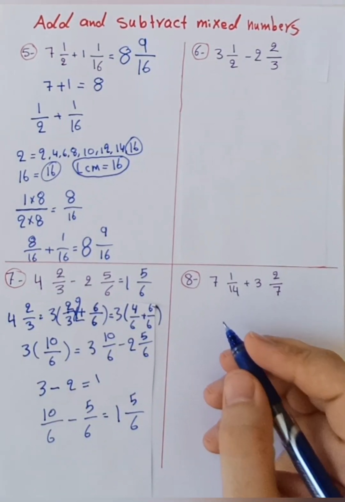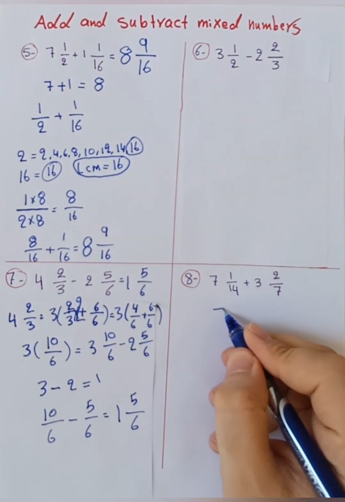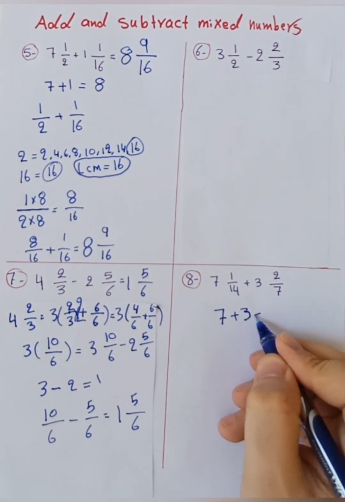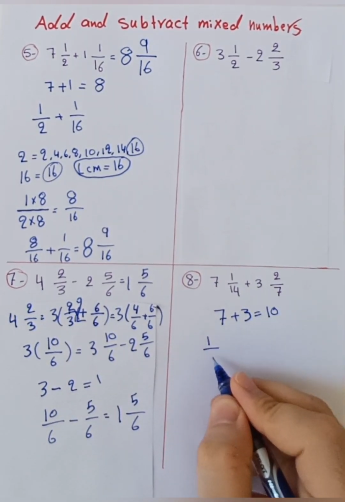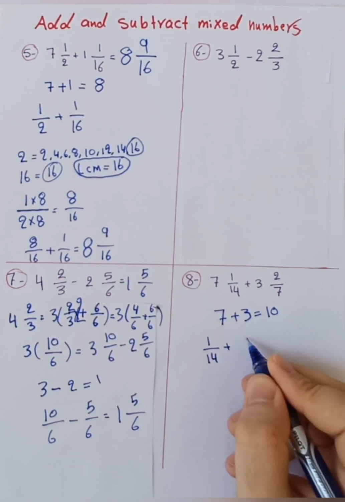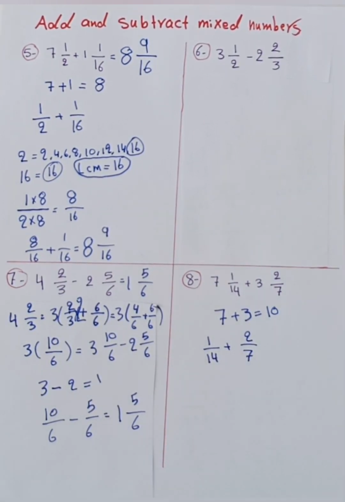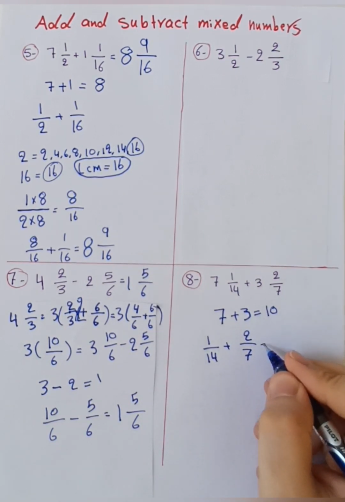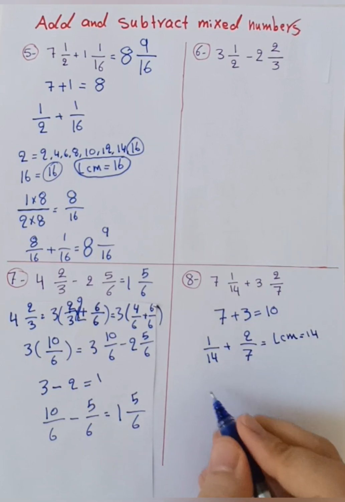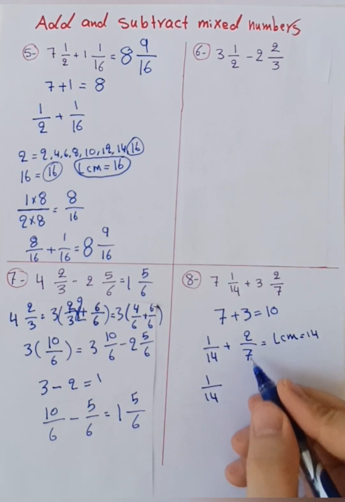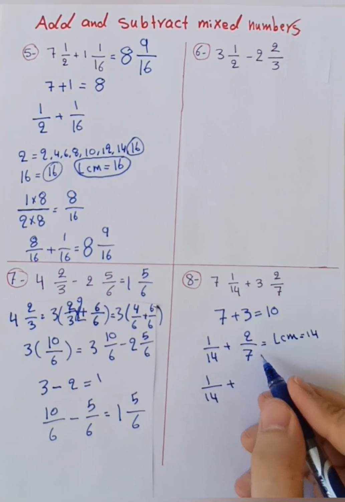First, we have to add the whole numbers. 7 plus 3 equals 10, and then the fraction 1 out of 14 plus 2 out of 7. So the least common multiple for 14 and 7 is 14. So we have to multiply the second fraction by 2.